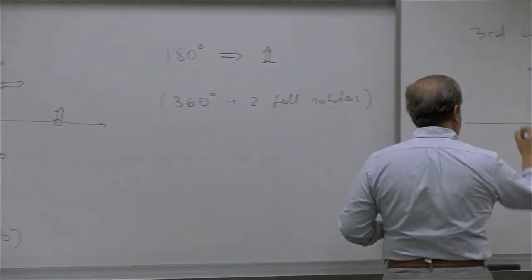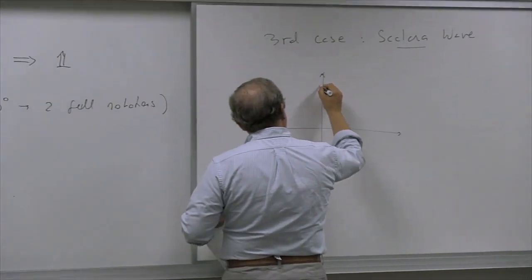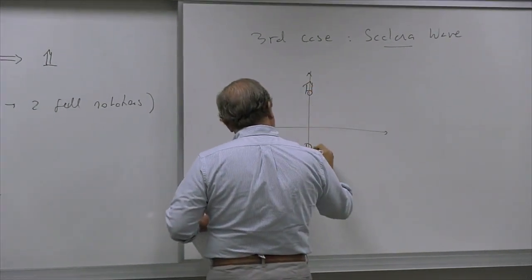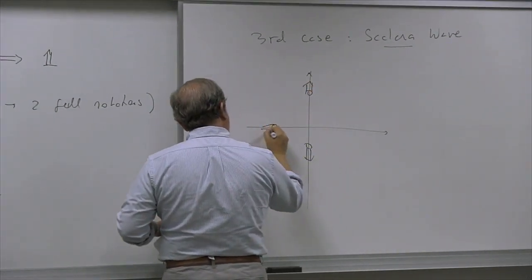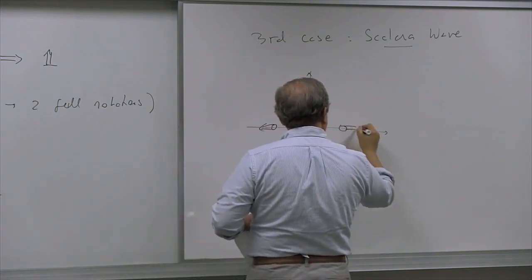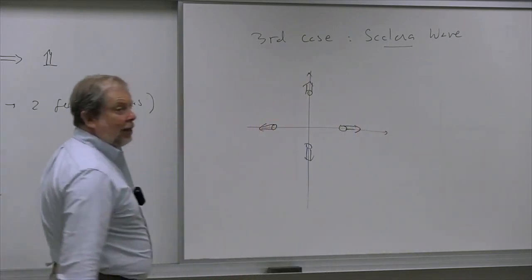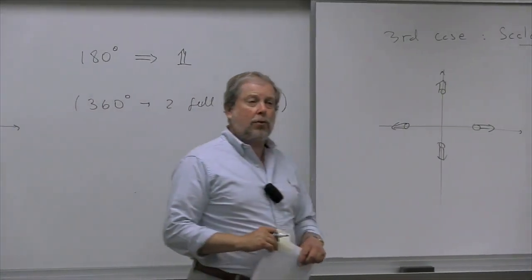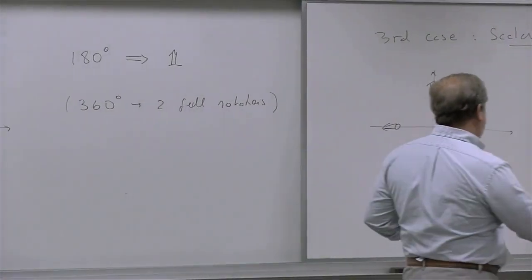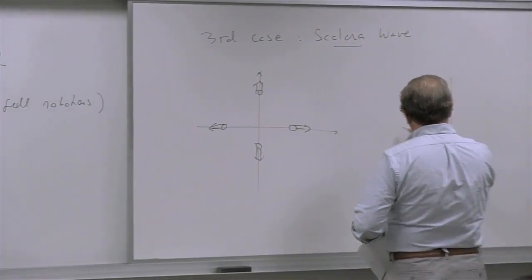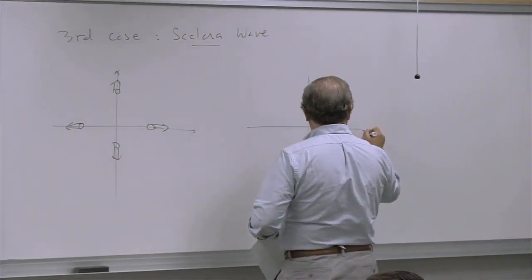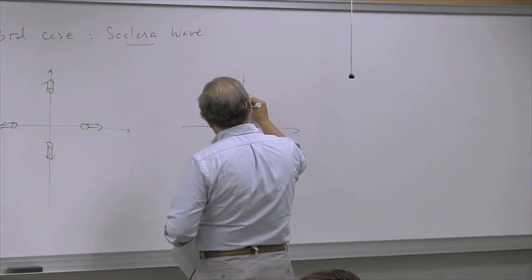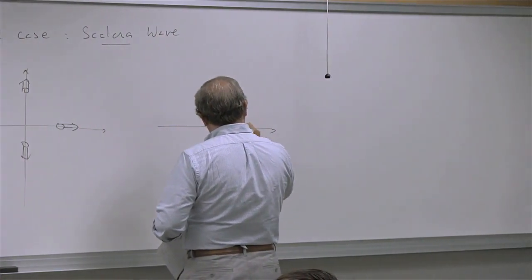In this case, we draw the vectors like this. And so you have, as I said, some sort of compressional wave going into the blackboard. And of course, we do have a corresponding situation where we reverse all the vectors.